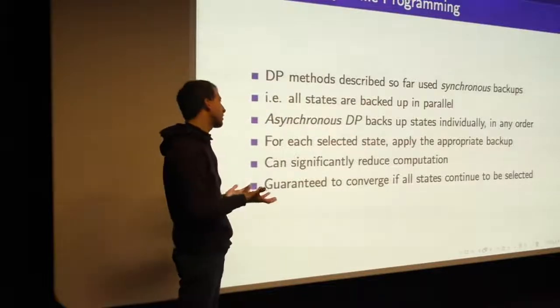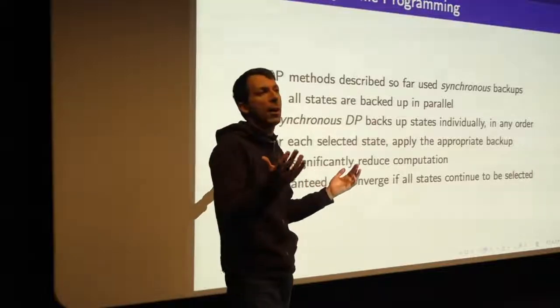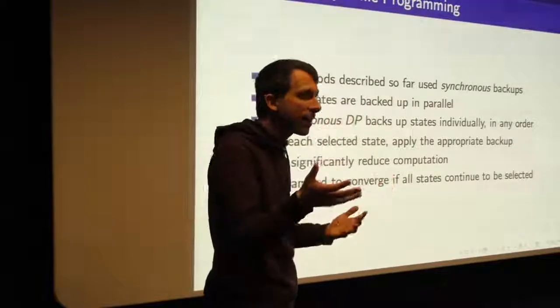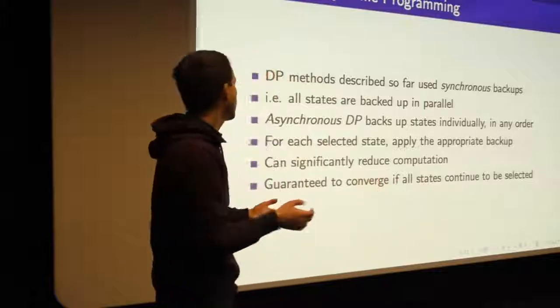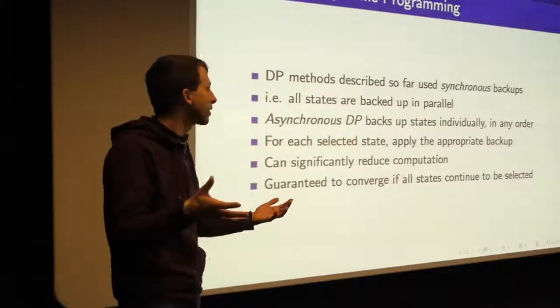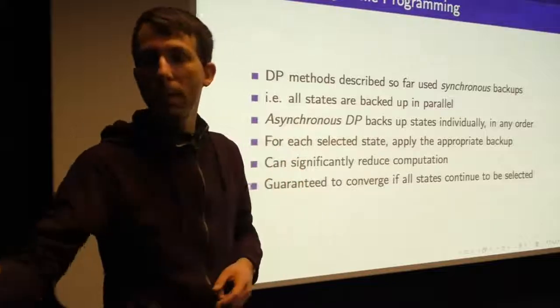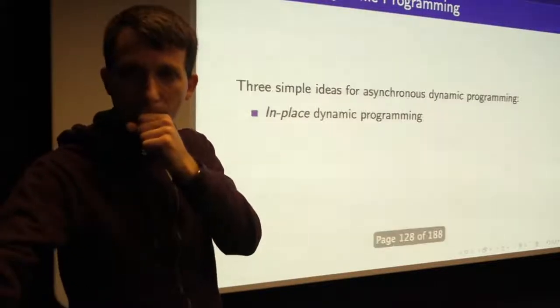And a nice result tells us that as long as you continue to select all states, doesn't matter which order you select them in, as long as you continue to select everything at least sometimes, then your algorithm will still converge to the optimal value function. So this all still works. Value iteration, for example, still works. Policy iteration as well.